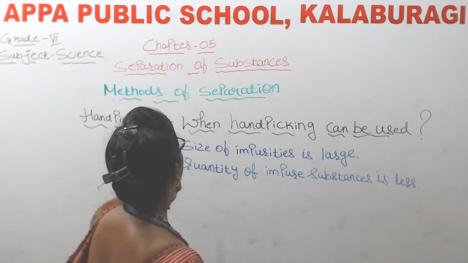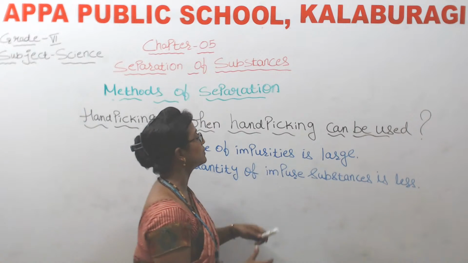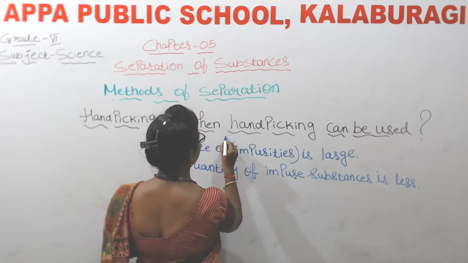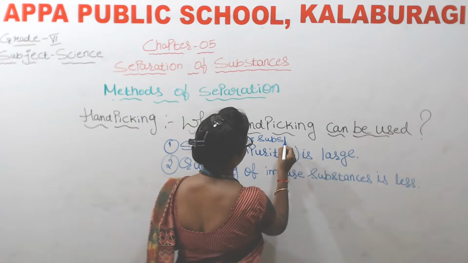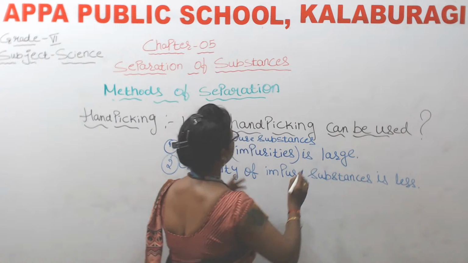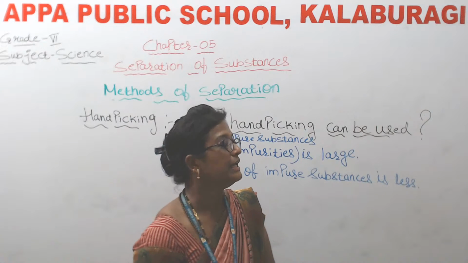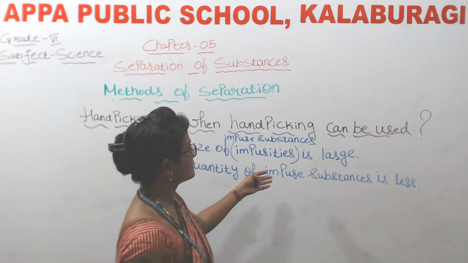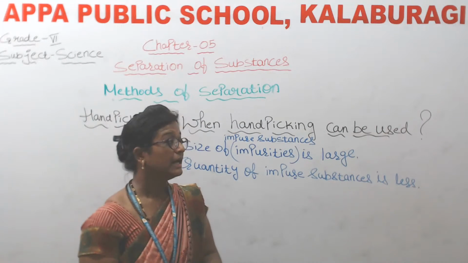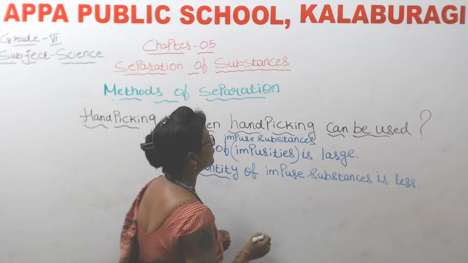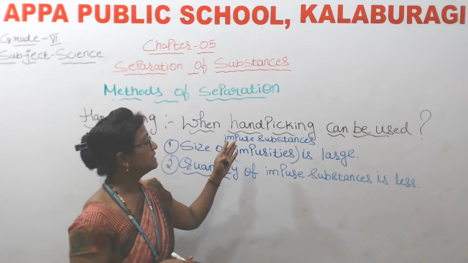So when can hand picking be used? If the size of impure substances is large, then only we can choose this hand picking method. And one more is, if the quantity of impure substances is less, then only we can use this hand picking.